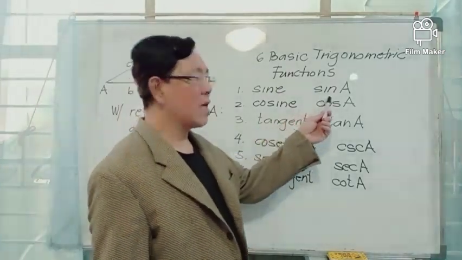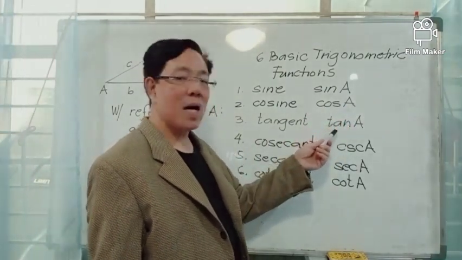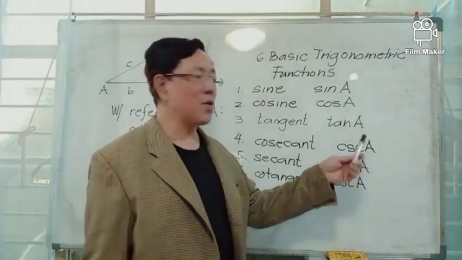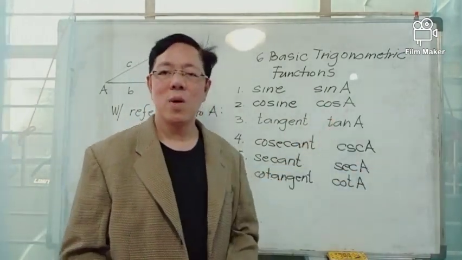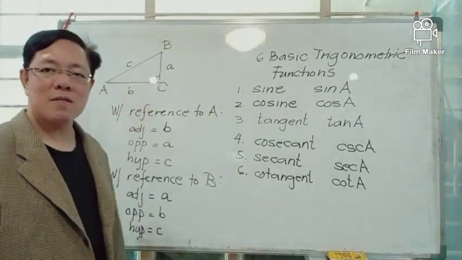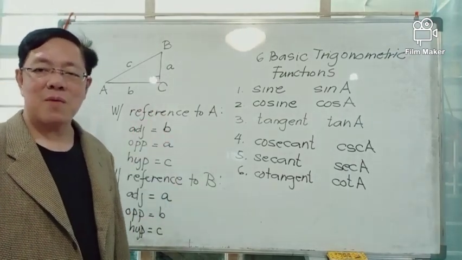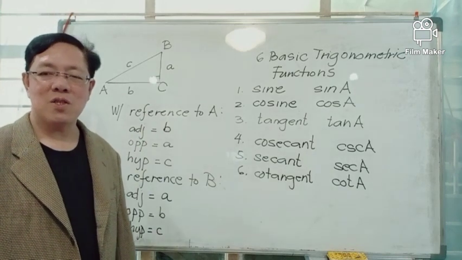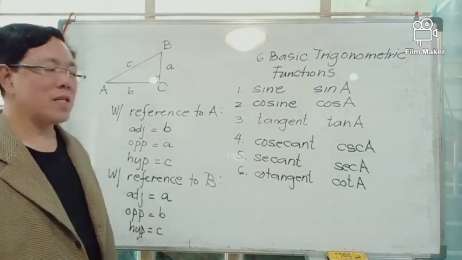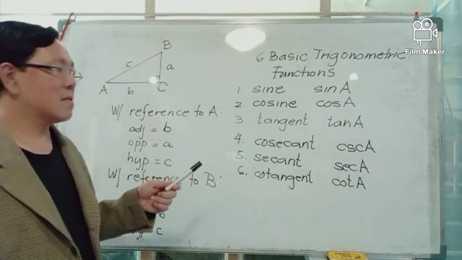Now the sine of A, cosine of A, the values of these 6 trigonometric functions of the acute angle A are equal to the ratios of 2 sides of this right triangle. A ratio is a fraction, hence each fraction has a numerator and denominator. And this numerator and denominator are sides of this right triangle.